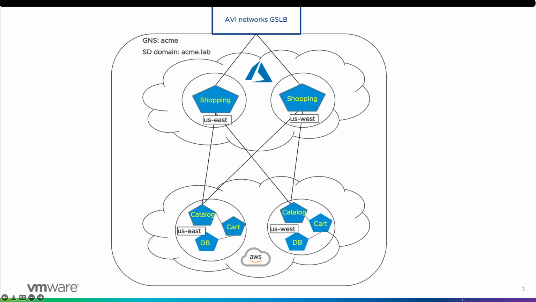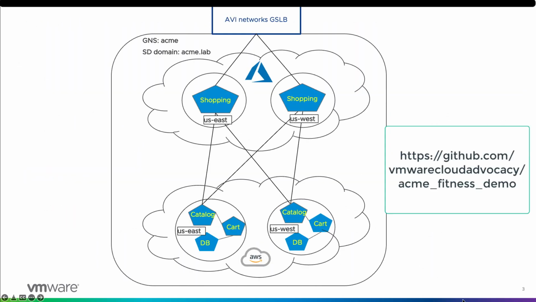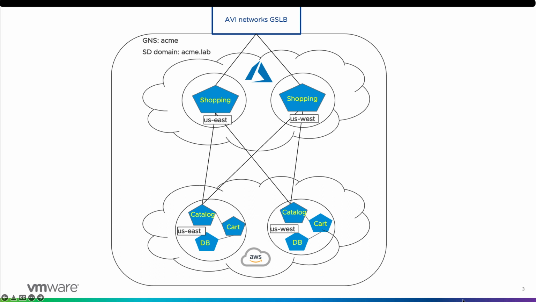In this demo, we have an application called Acme Sports Store, which is an open source application for testing and demoing from VMware. You can find it online. And this application is comprised of multiple microservices. We have the front-end microservice, which is called the shopping service, which I deployed in AKS, Azure Kubernetes Service, which is Azure's managed Kubernetes service.